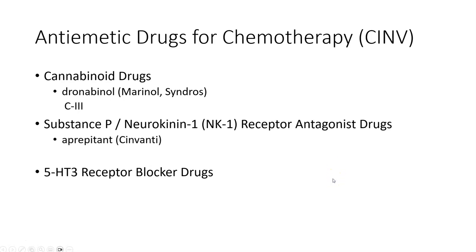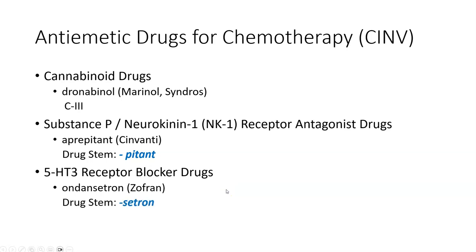The substance P neurokinin 1 antagonists, aprepitant, which is Emend, and we have that chemo-induced nausea and vomiting right in that brand name right there. These have pitant as their drug stem, and then your 5-HT3 receptor blockers, ondansetron, which is Zofran, and that has the drug stem of setron. So these are going to be used for nausea and vomiting.